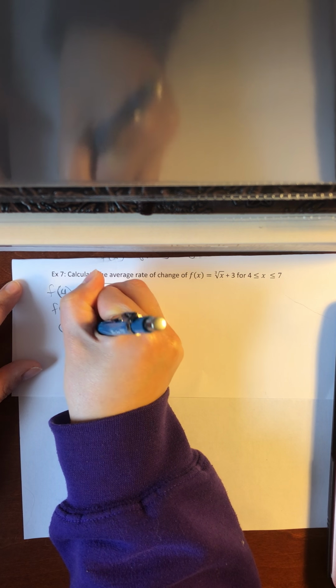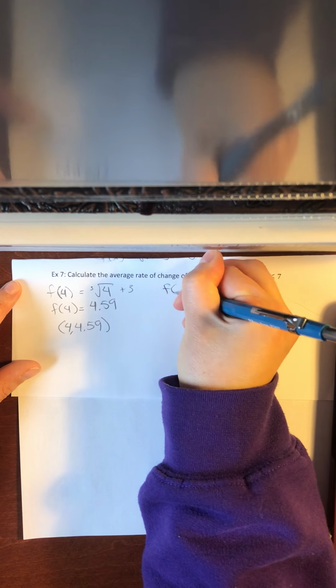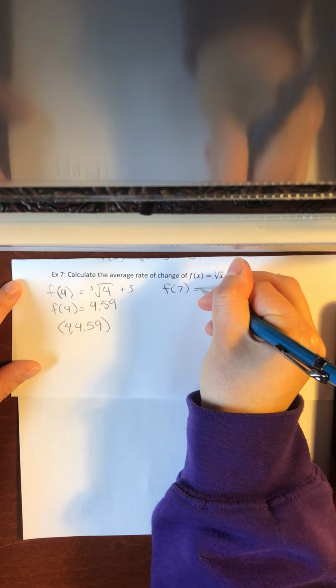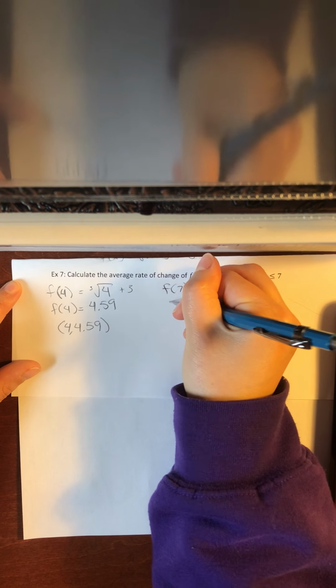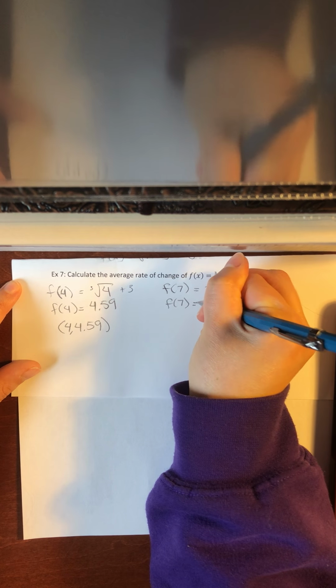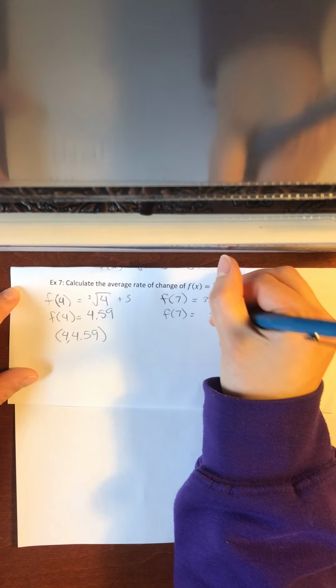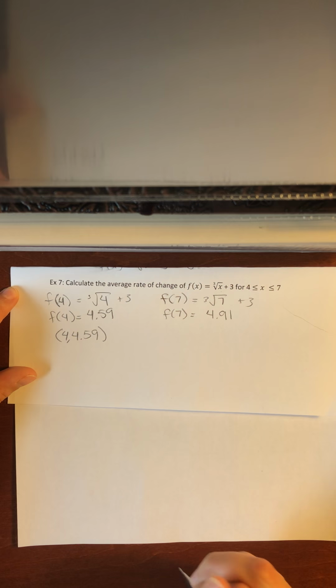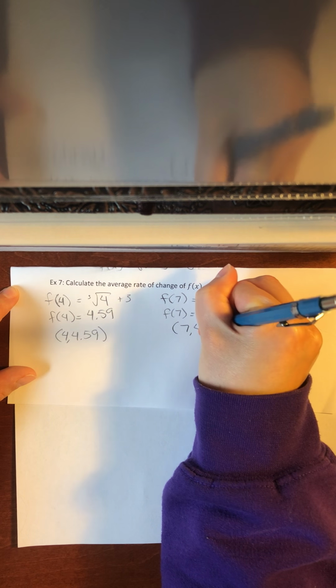So 4.59 is one of your points. Now we have to do f of 7. So that would be the cubed root of 7 plus 3. When you do that in your calculator, you will get 4.91, rounding off. And 4.91 is your point.